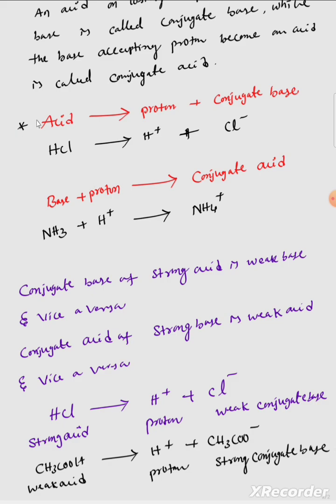The acid releasing a proton becomes a conjugate base, and the base accepting a proton becomes a conjugate acid. Strong acids give weak conjugate bases, weak acids give strong conjugate bases, and vice versa. This is Bronsted-Lowry acid-base theory.